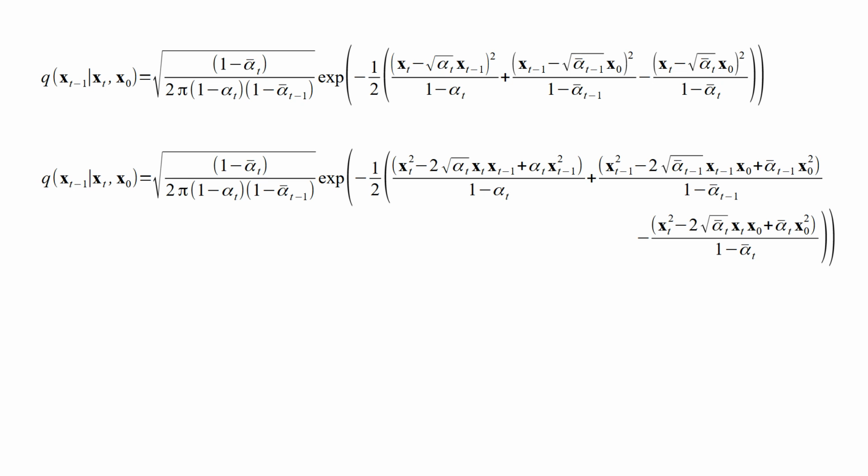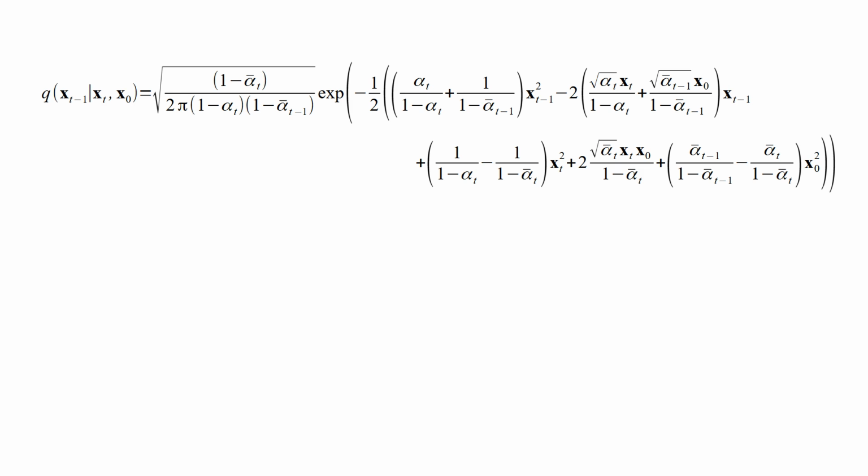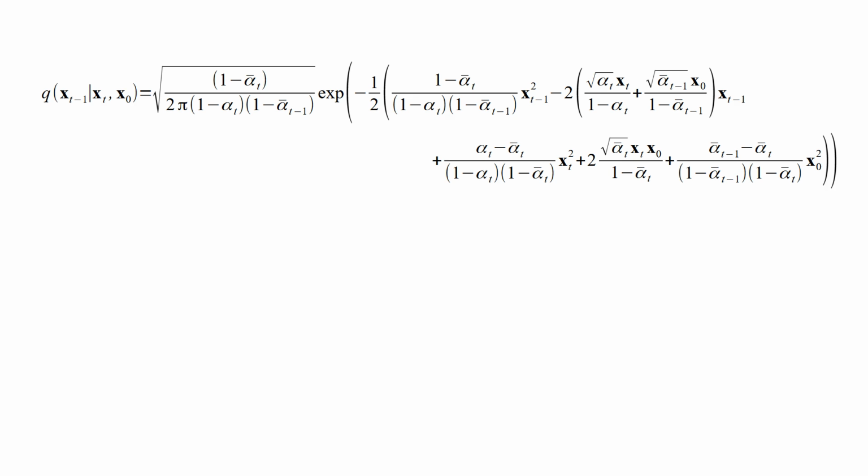And rearrange the equation. Start equalizing denominators inside parentheses. Inside the exponential, factor out the common term.